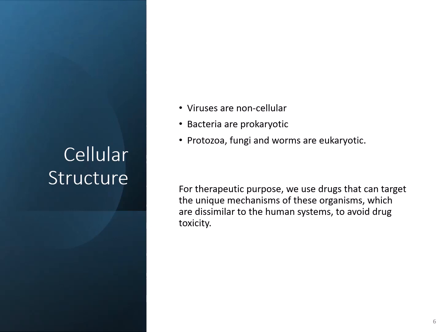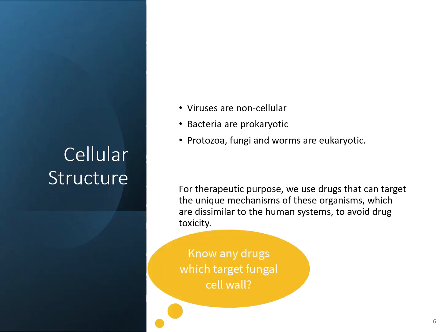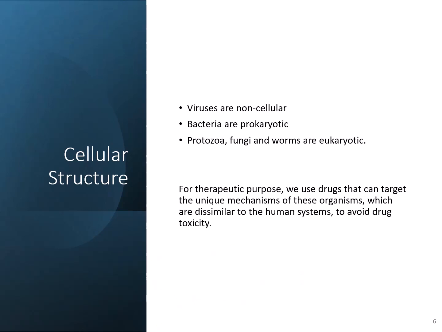We can use a drug which targets those chemicals, and that drug will have minimal effects on human beings because we do not have those chemicals in our body. That is an external source of infection coming into our body, and it can be identified by the different chemicals we take as medicines.